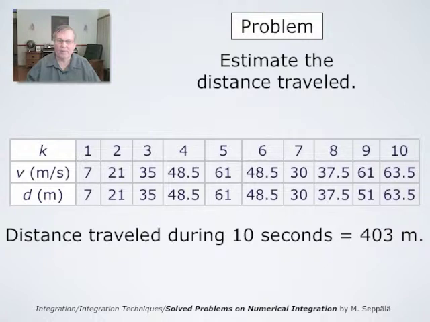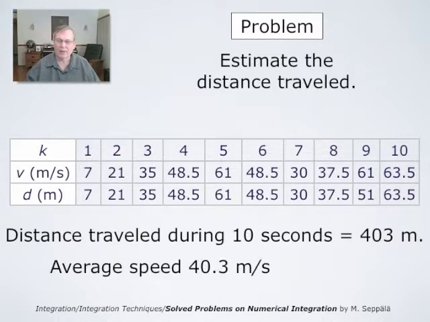We simply add up these distances, and we get 403 meters. So the average speed is 403 meters divided by 10 seconds, which is 40.3 meters per second, approximately 90 miles per hour.